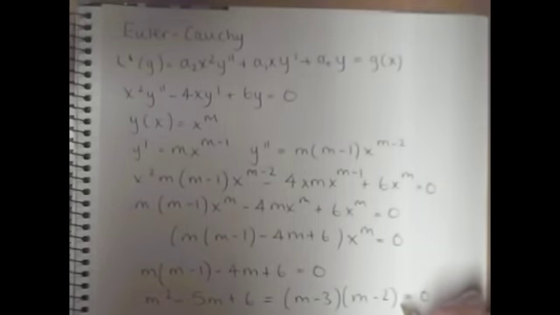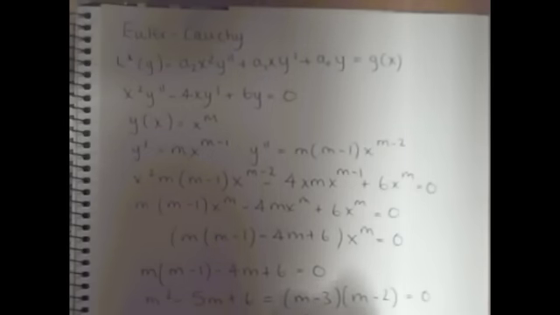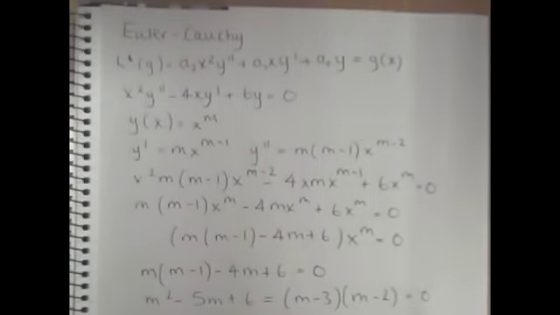Therefore, the general solution is y = ax² + bx³. The a and b values for a particular solution can be found using any specific conditions from the question.